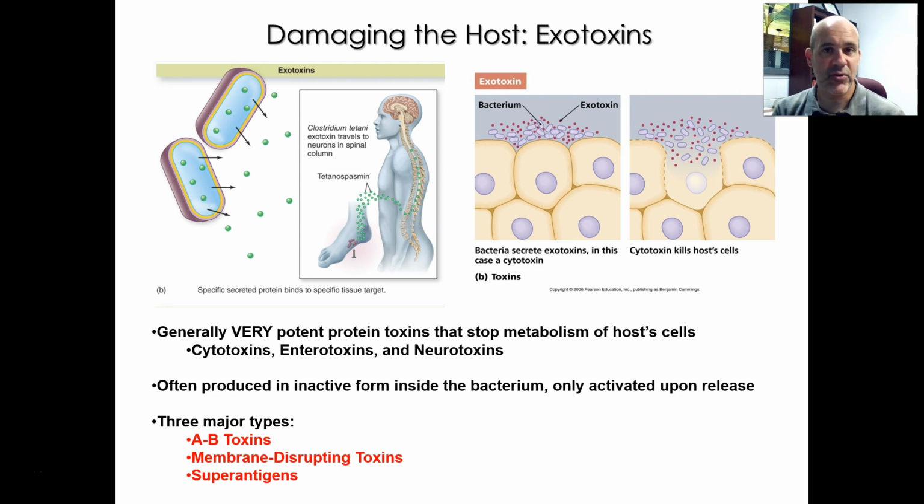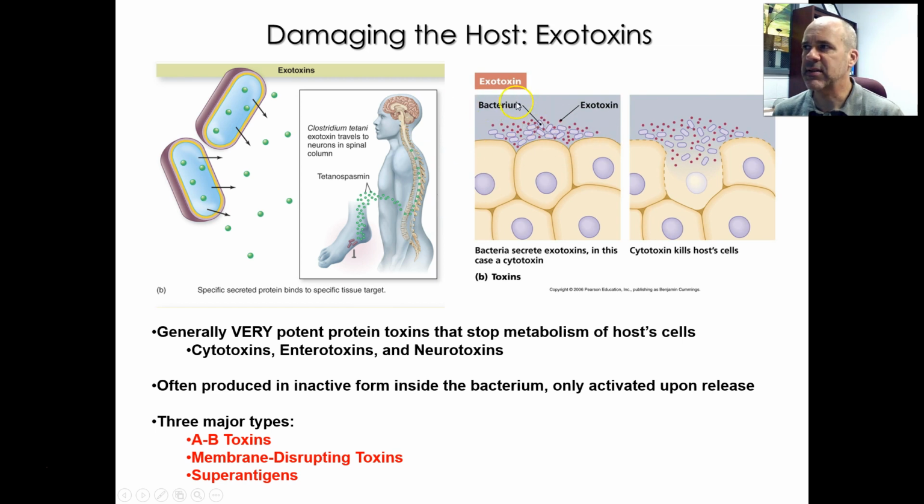Unfortunately, if you don't treat this tetanus infection, it will begin to paralyze or lock muscles throughout the body in a contracted state. And when your diaphragm locks down into a contracted state, you're not going to be able to breathe anymore, and that's going to wind up killing you if you're not treated for tetanus. So that's a good example of a bacterial exotoxin.